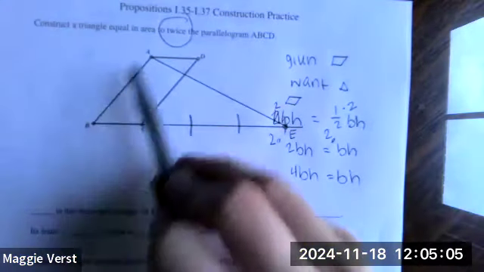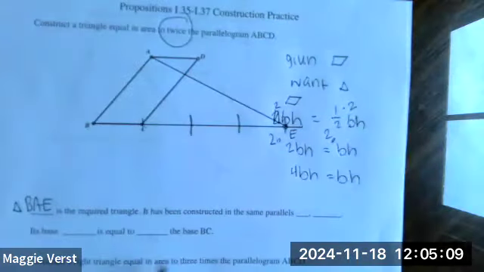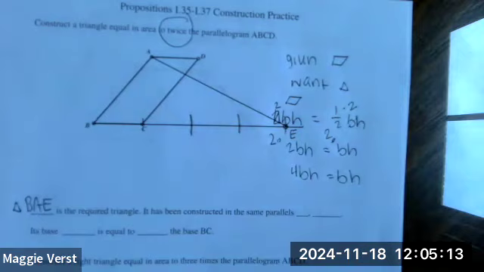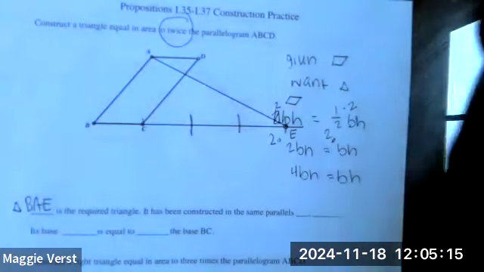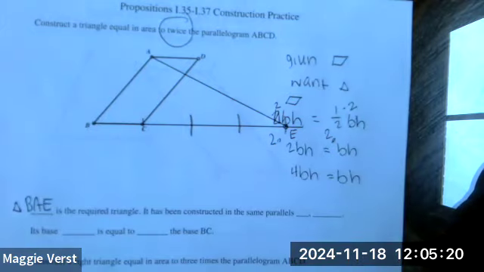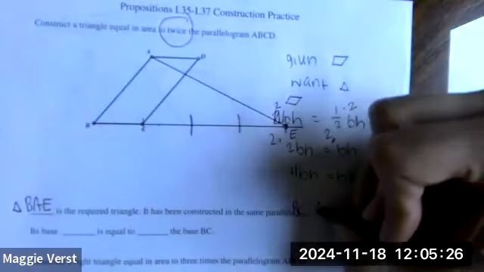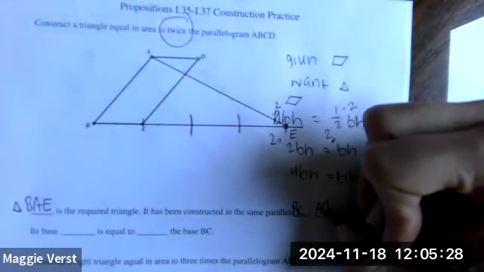So triangle BAE is the required triangle. It has been constructed in the same parallels, BC and AB.